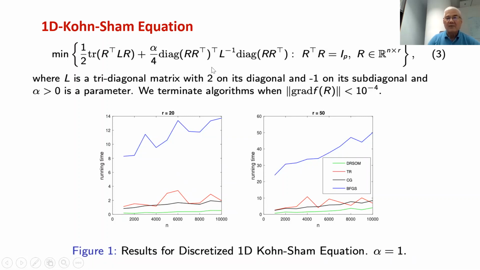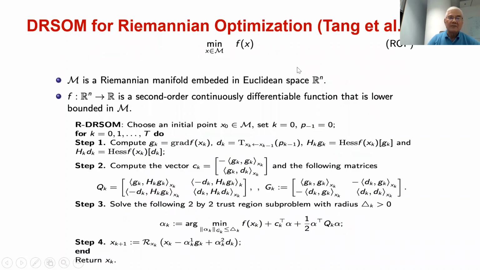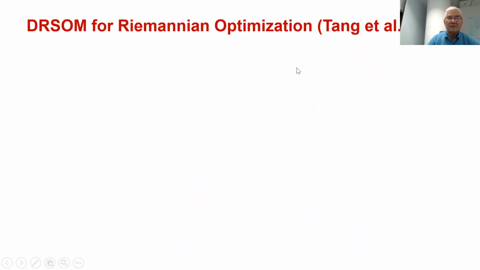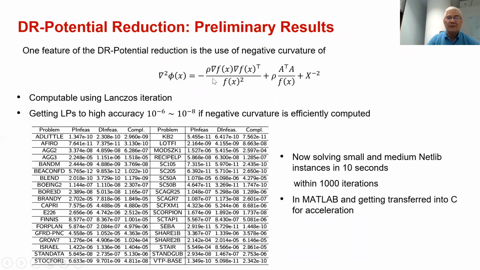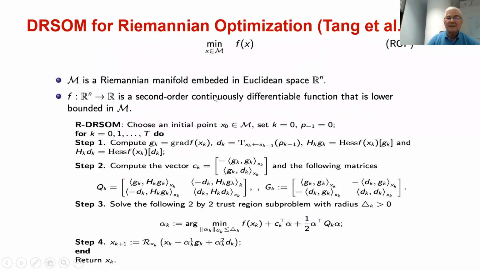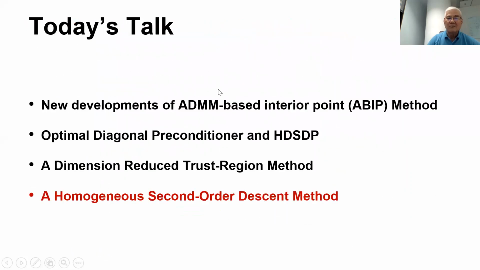Another way, if you really have conic constraints, as you know, is to use the interior point trust region method. You basically use a local metric.